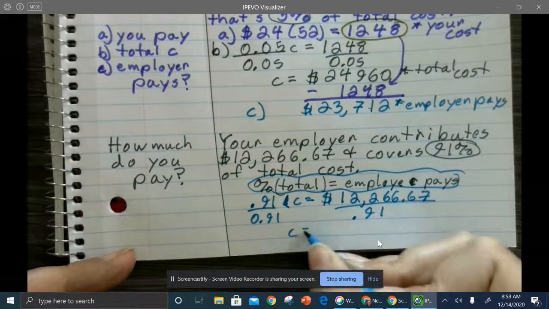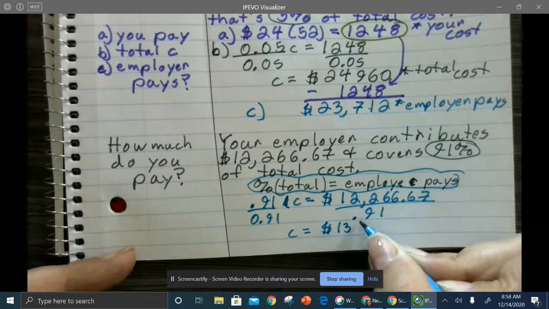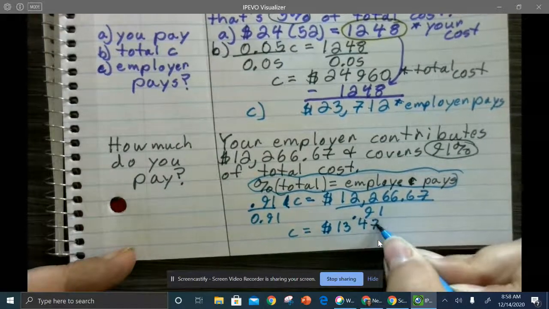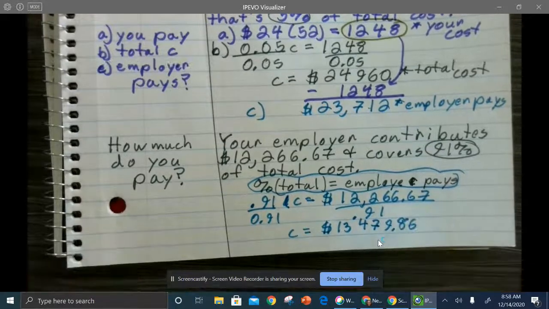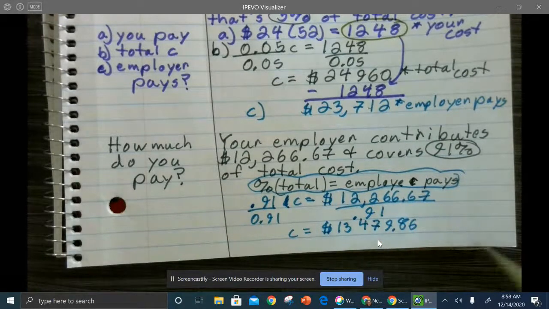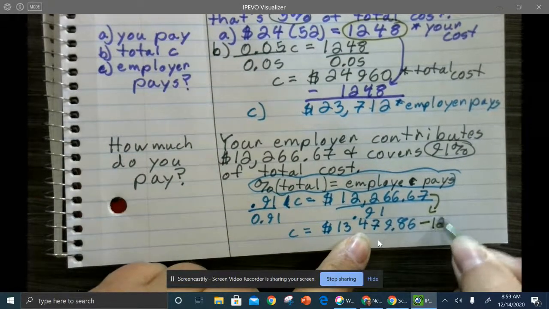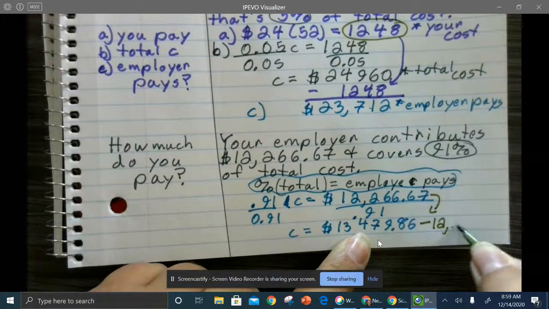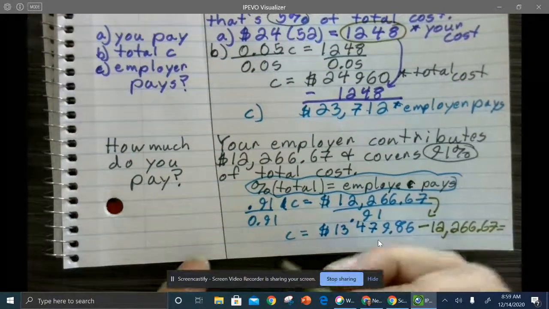So we get the cost is $13,479.86. Okay. We're going to subtract that from what the employer pays, so that $12,266.67.